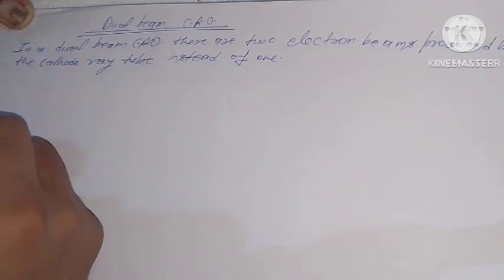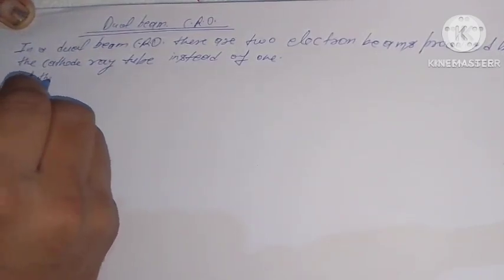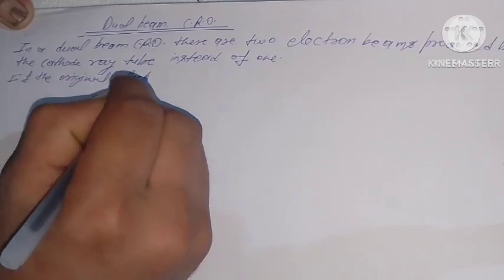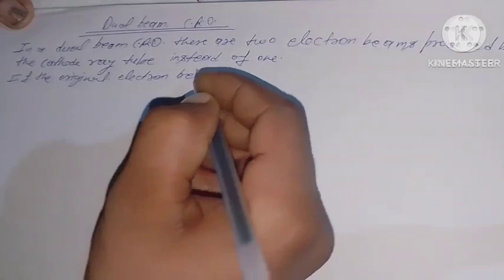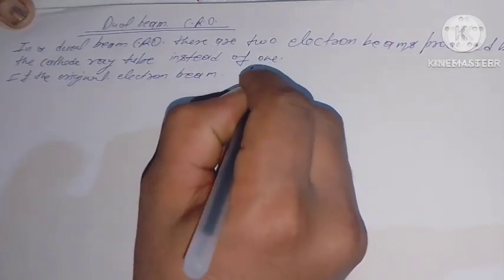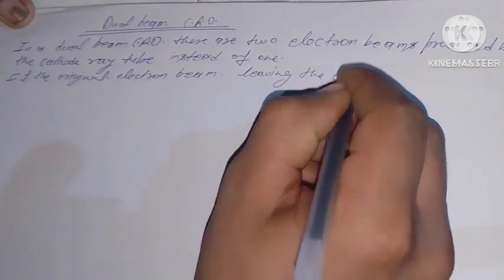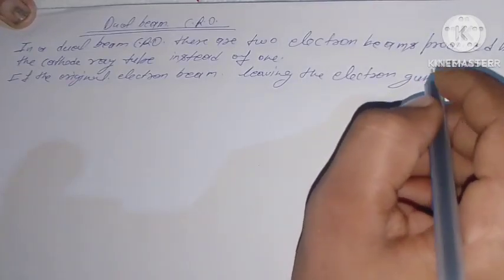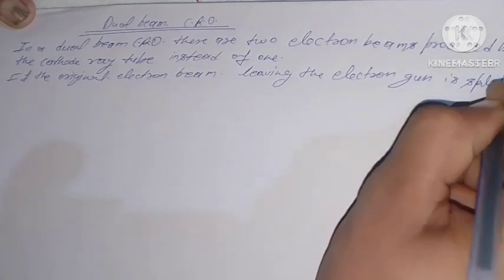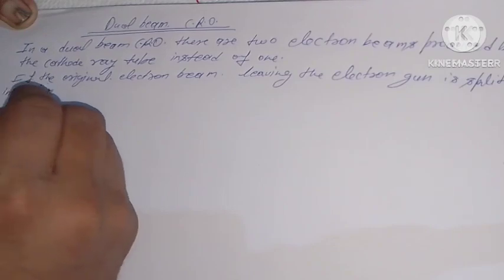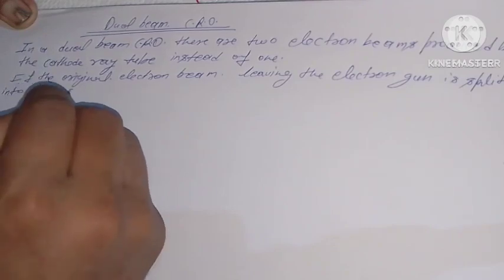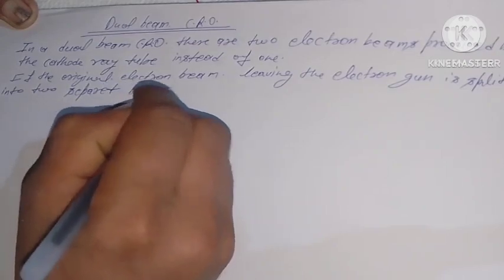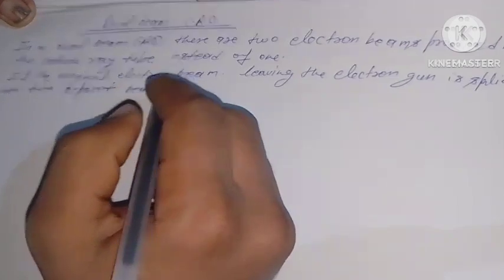If the original electron beam leaving the electron gun is split into two separate beams, it is called split beam CRT.